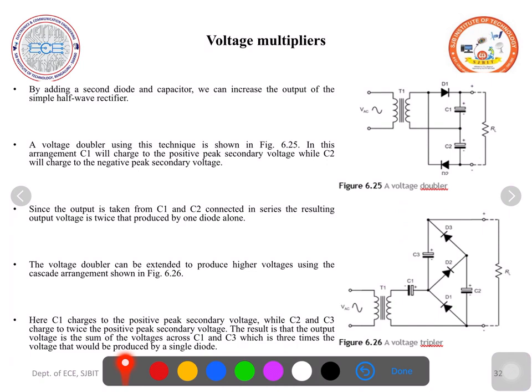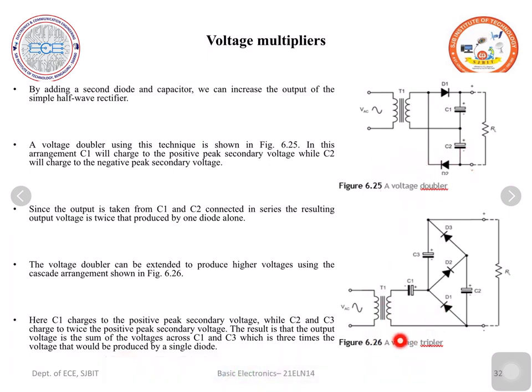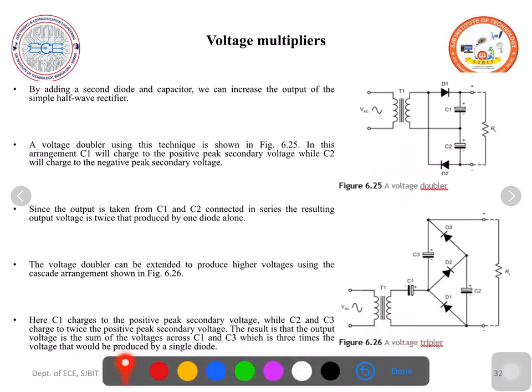In the voltage doubler, the output voltage will be equal to 2 times Vm, 2 times the maximum value. In the voltage tripler, the output voltage across the load will be 3 Vm. That is the meaning of doubler and tripler.